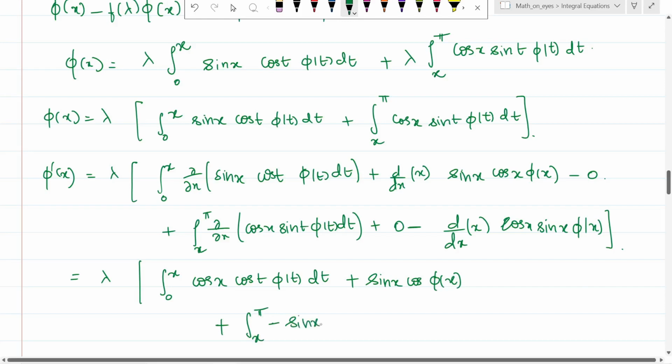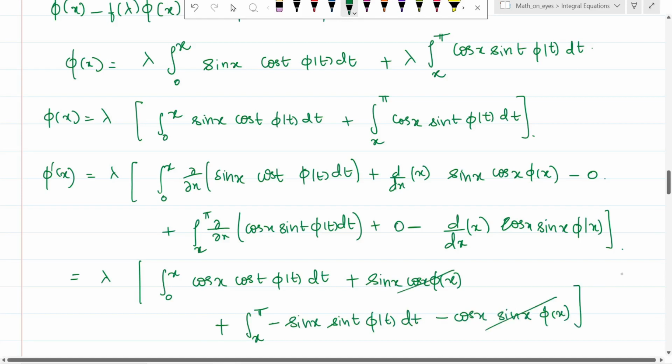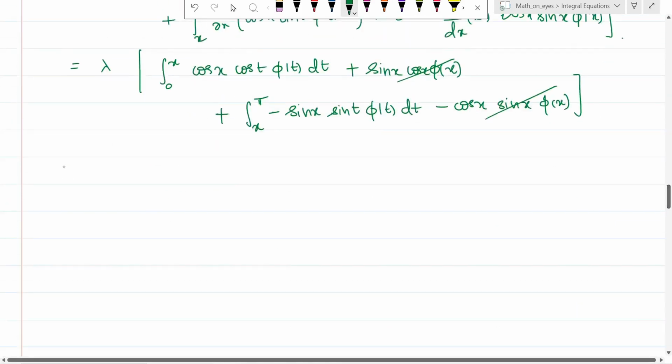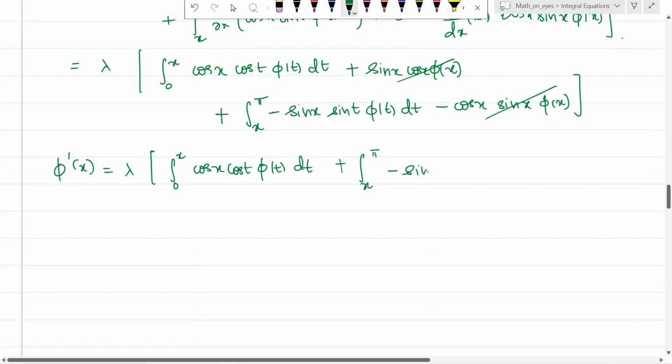So minus sin x sin t phi of t dt minus cos x sin x phi of x. Here these two terms are same and opposite in sign, so they both cancel each other. We get phi dash of x is equal to lambda outside integral 0 to x cos t phi of t dt plus integral x to pi minus sin x sin t phi of t dt.